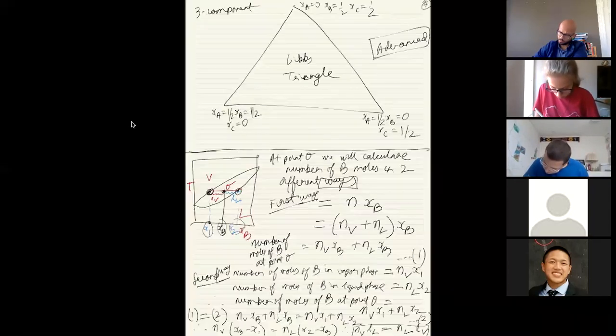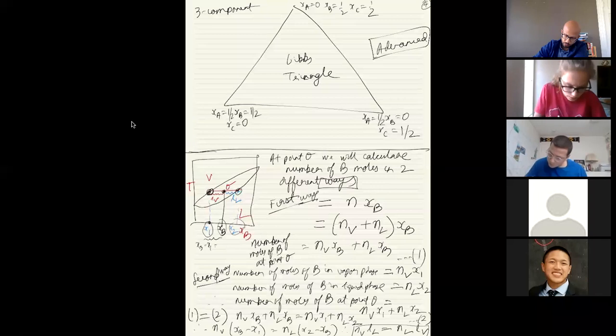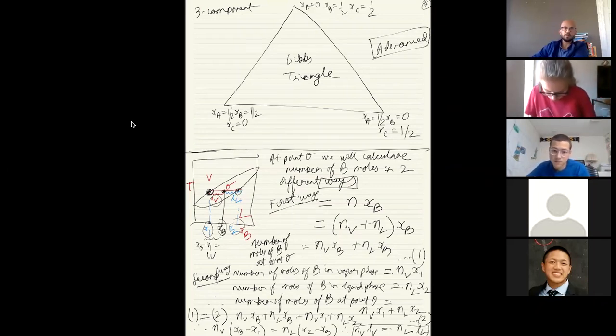Oh, sorry, this is the vapor one. So XB minus X1 is equal to LL, as I just marked over here, and this is our Lever rule.